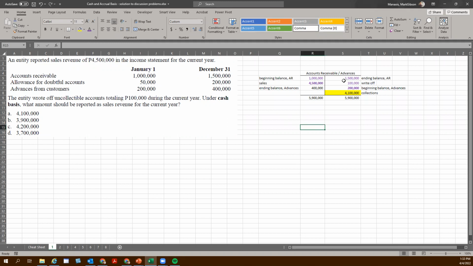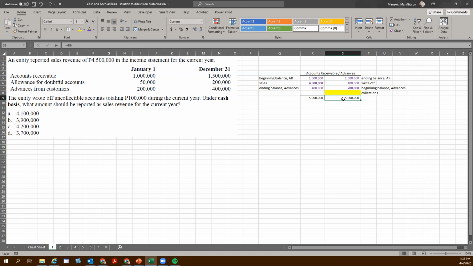Now, for the balances of your advances from customers, sabi natin advances from customers, this is a liability account. So therefore, the beginning balance will be flagged in the credit side. So that's 200,000. And then the ending balance would be 400,000, debit. So, kunin ngayon natin yung total. That's 5.9 million.